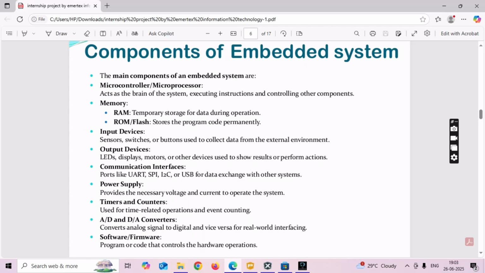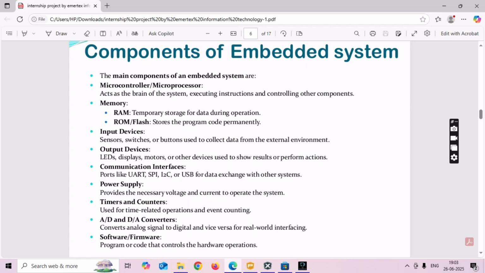Input devices, such as sensors, switches or buttons, are used to collect data from the external environment. Output devices, such as LEDs, display, motor or other devices, are used to show results or perform actions. Communication interfaces: there are so many communication interfaces.